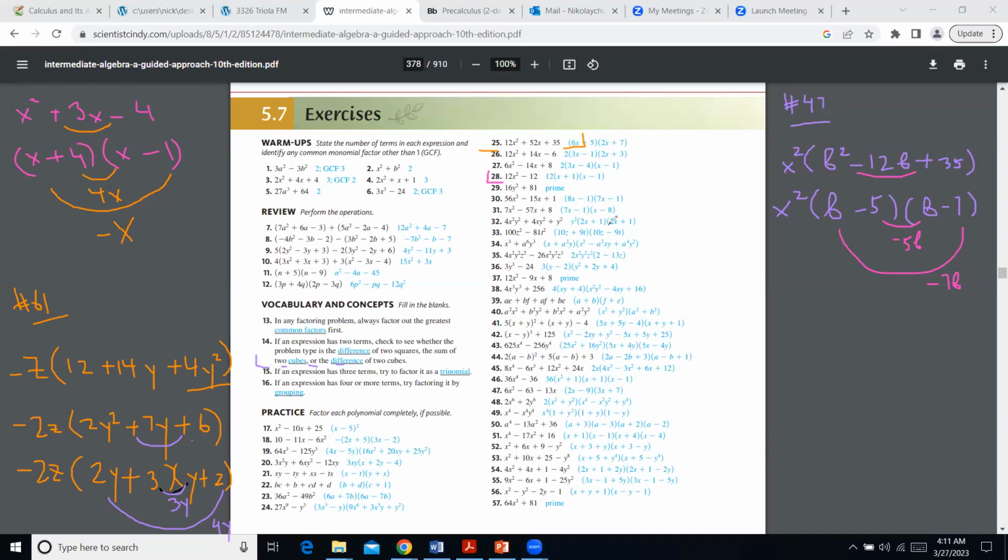So if I try something like exercise number 28 here with 12x squared minus 12, then looks like we're gonna take out 12, right? 12 is present in both terms. So we are going to factor it out, and notice that I wrote 1 as 1 raised to the power of 2.